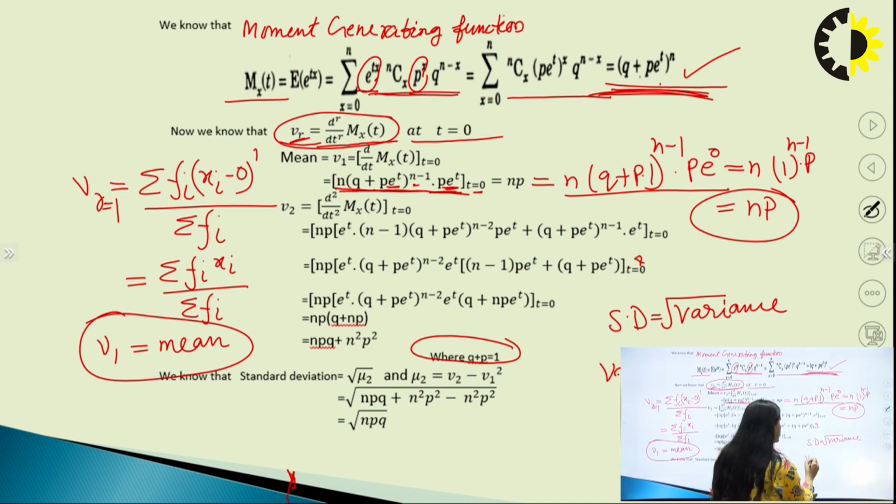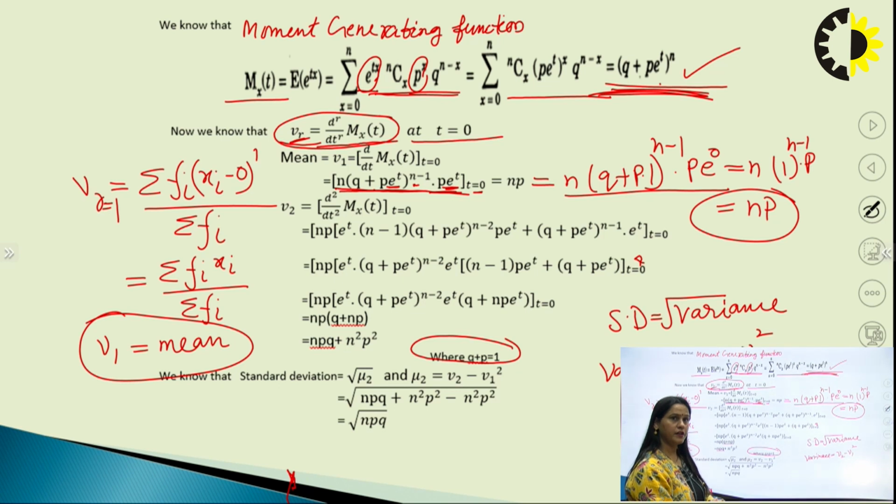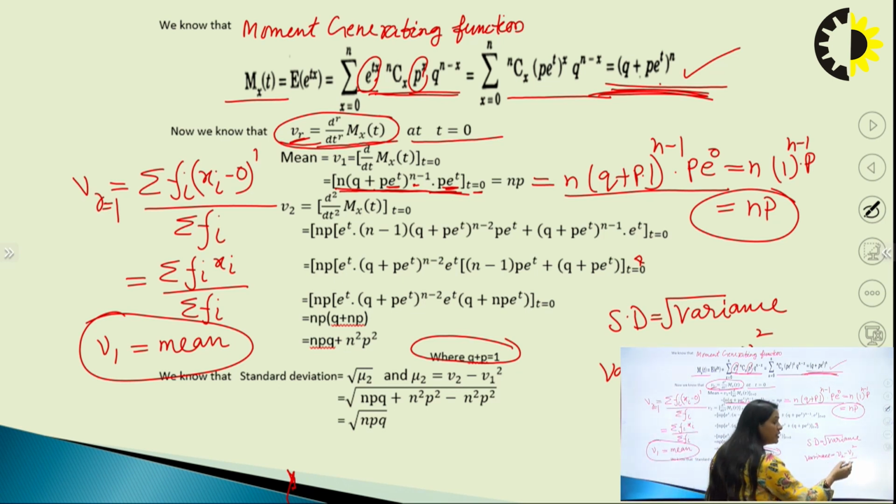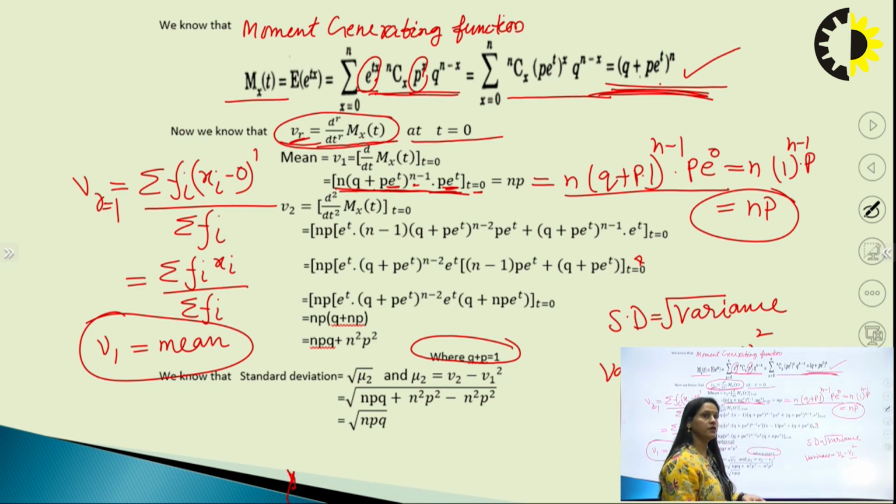Variance is nu2 minus nu1 square. All right. For now you see nu1 we have already got, because nu1 is the mean. What is rest? The rest remaining is nu2.